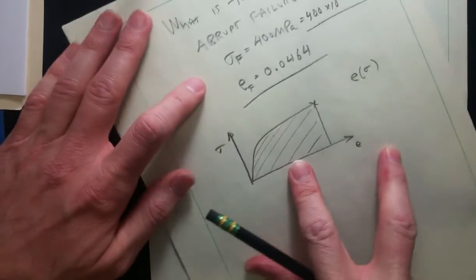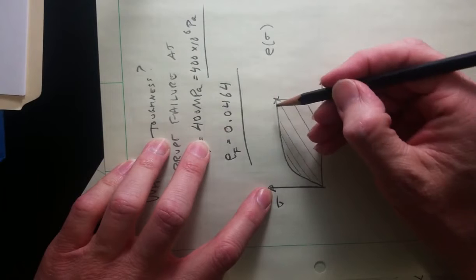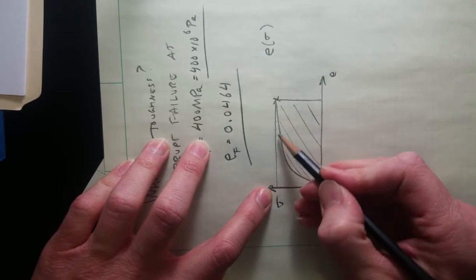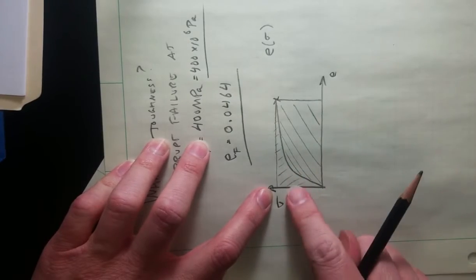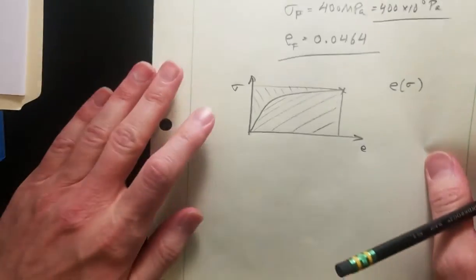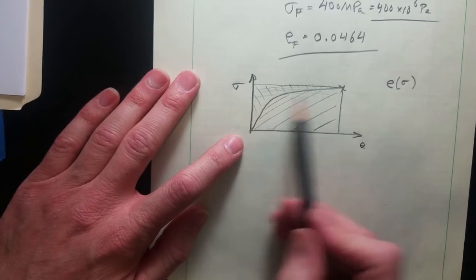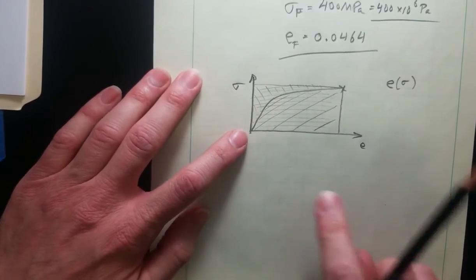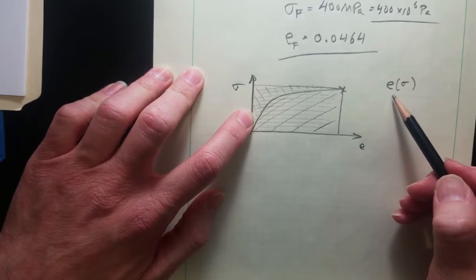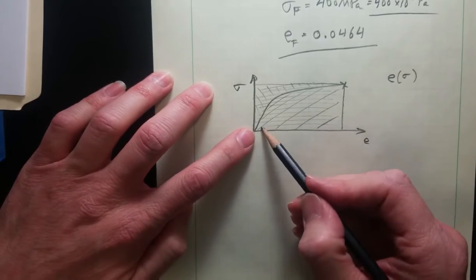So we're basically turning this around, and we can determine that area. If we take the area of this box and we subtract the area from integrating epsilon as a function of sigma, we can determine the toughness, which is this area.